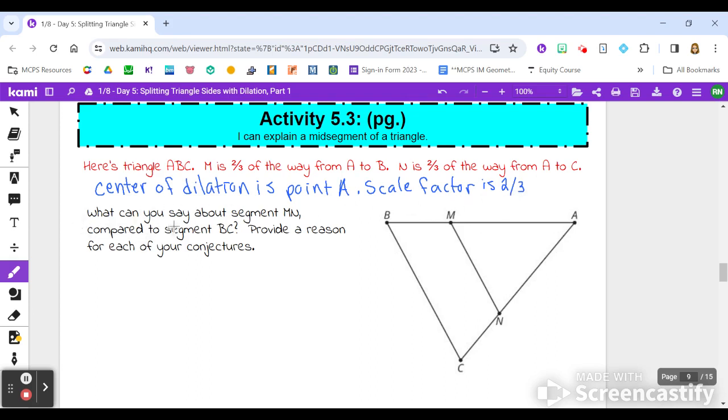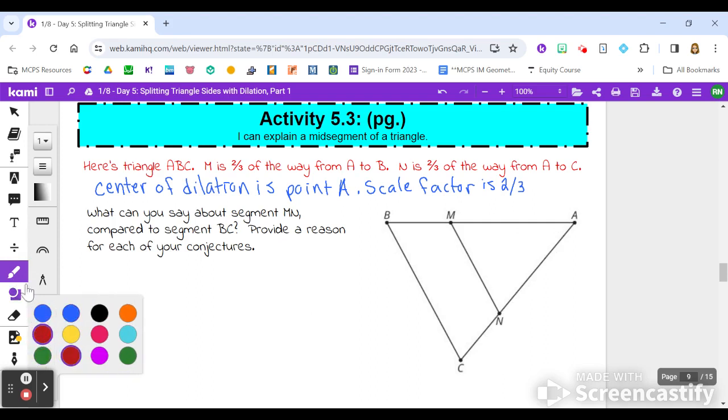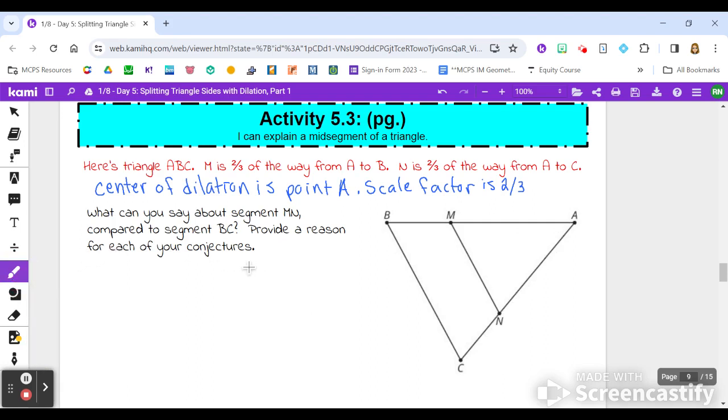All right, so what can you say about segment MN compared to segment BC? The first thing that comes to my mind is that MN and BC are parallel. We talked about this on Friday with our dilations.